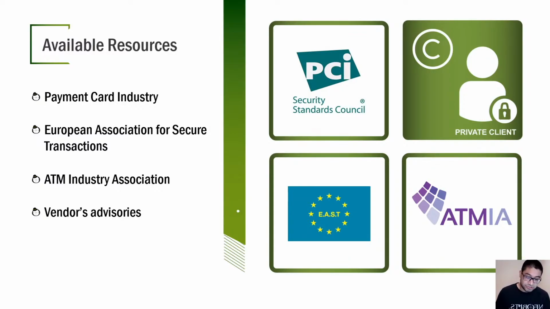But these associations require you to be a member to access some of the documents. To become a member of these associations, you need to meet some requirements and pay a fee that sometimes could be very expensive. Also, we have some advisories from vendors, but sometimes these advisories only go to their clients, so they are private.